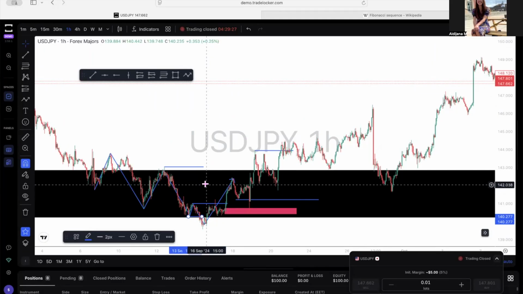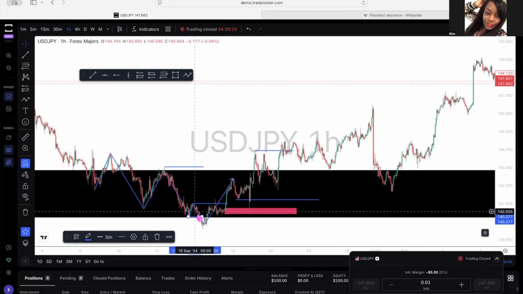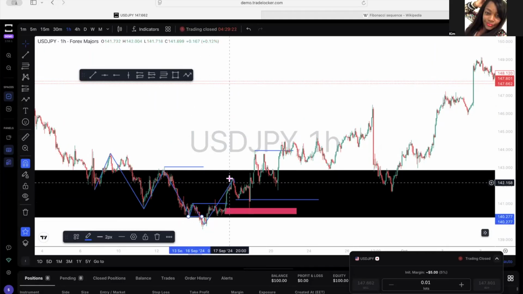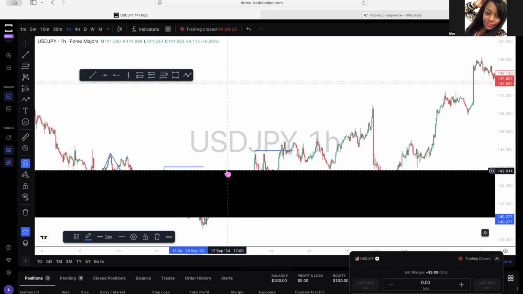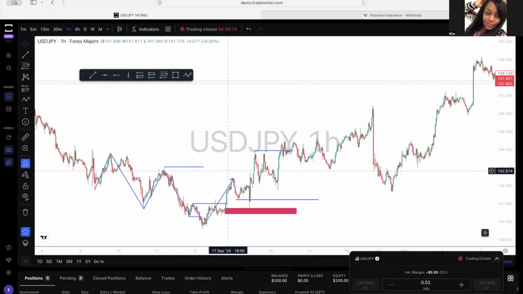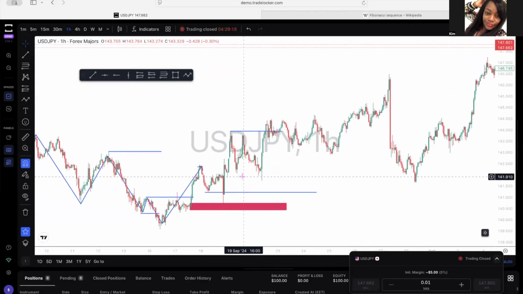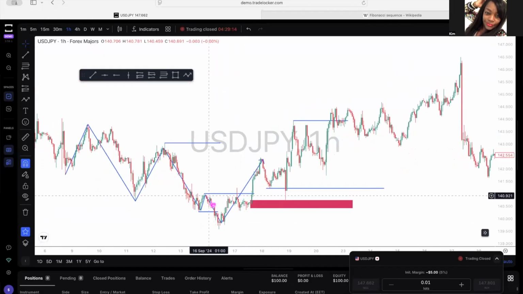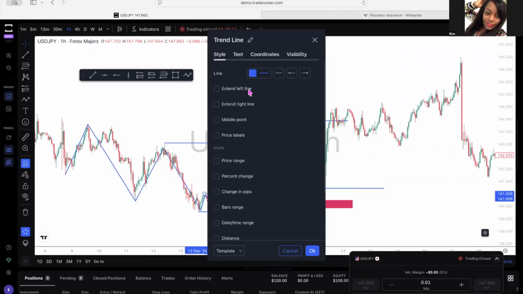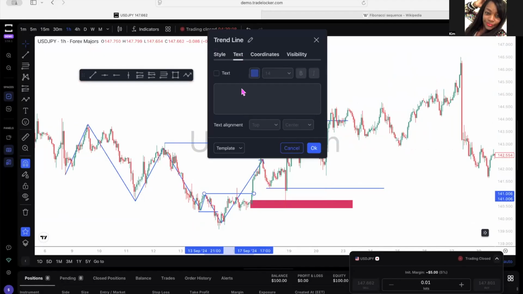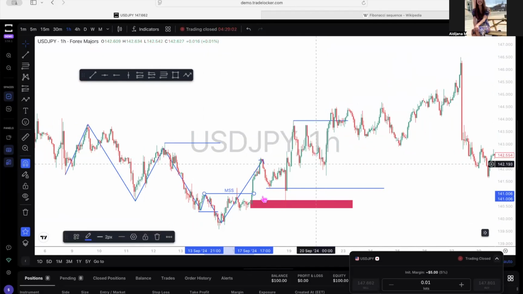So, for instance, when we were talking about this structure here and market shifted, I'm going to delete this now that we're in the zone so we can see what's going on. So, market structure shifted here. This is the market structure shift, right?